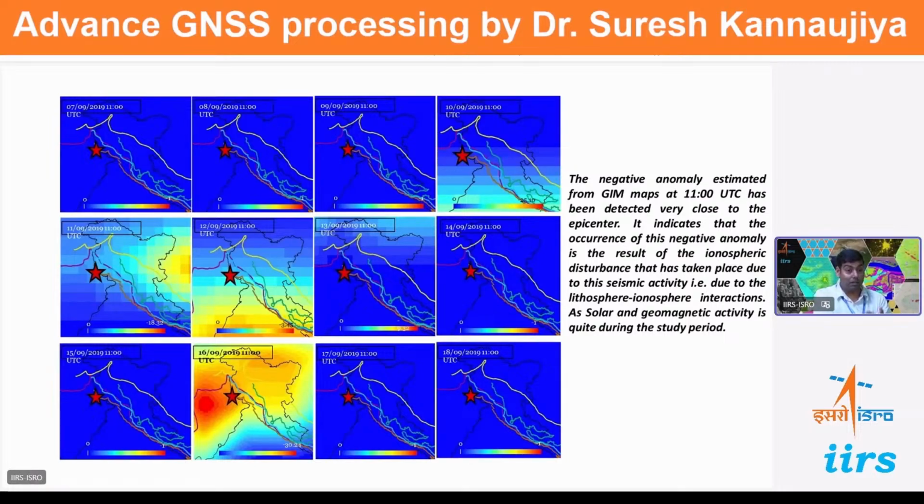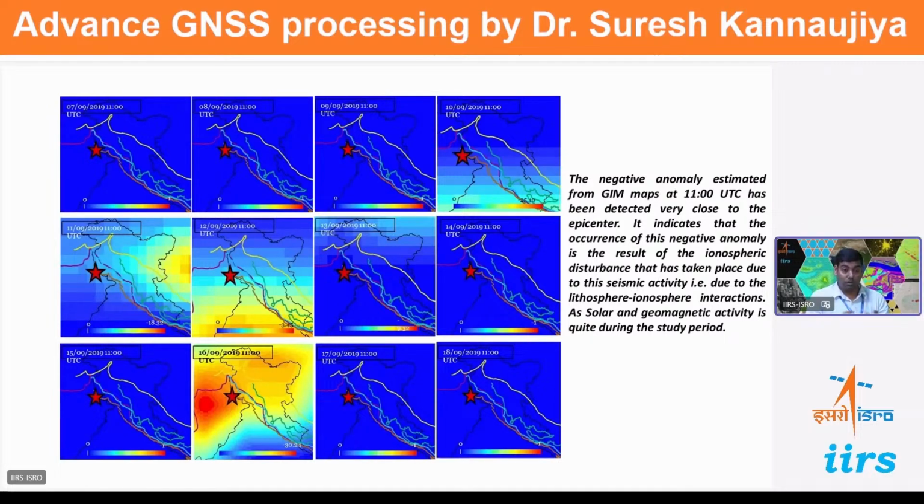So you can see there is a good lead time of 8 days. This 8 days is more than enough to do the preparedness and to alert the society.